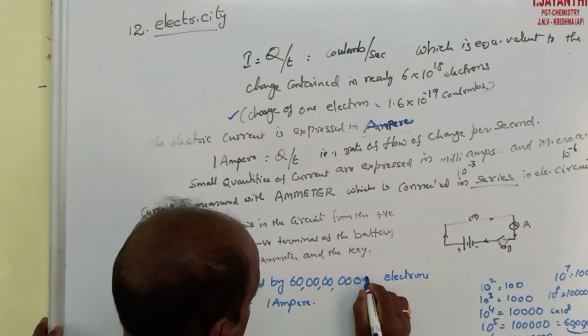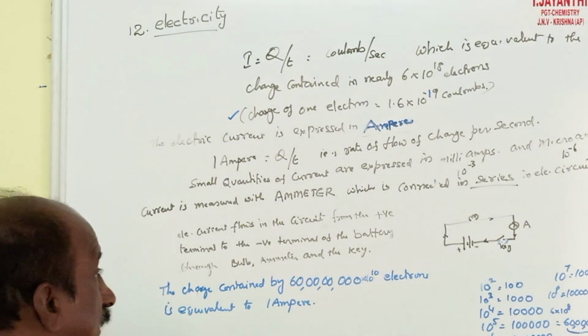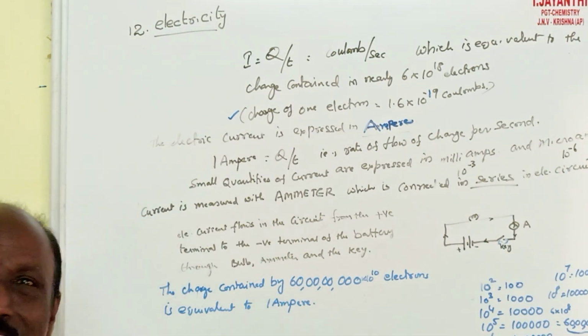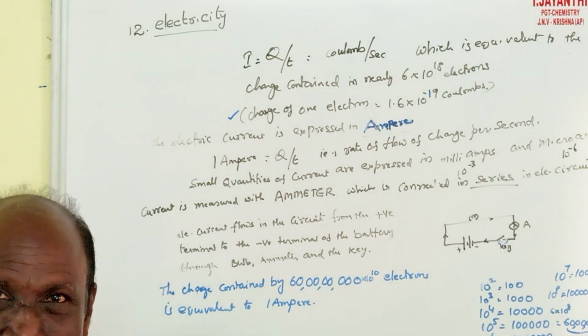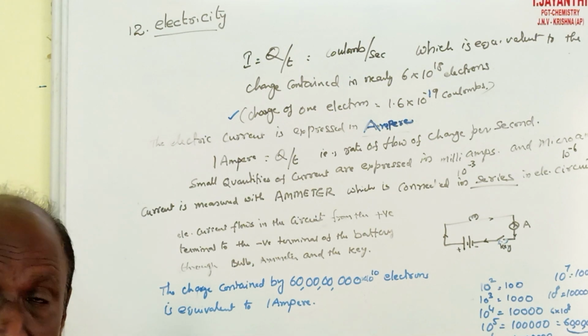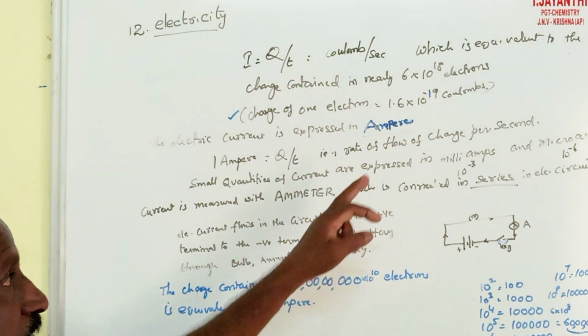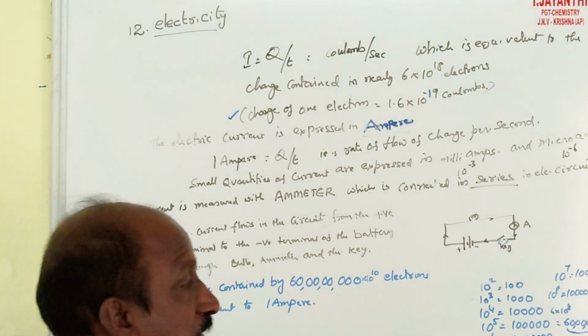It is innumerable for us. We can't express it. So many trillions of electrons, 6 into 10 to the power of 18 electrons.